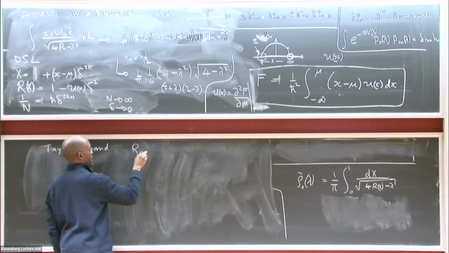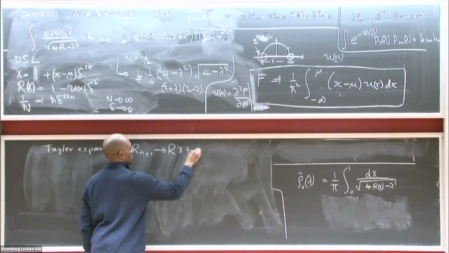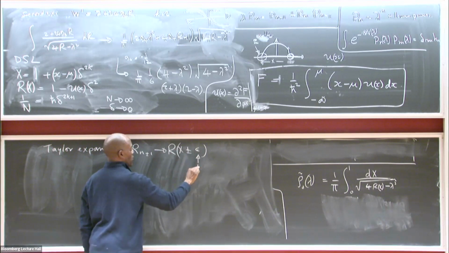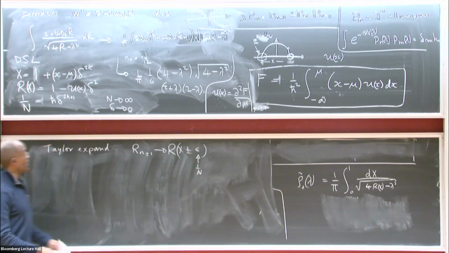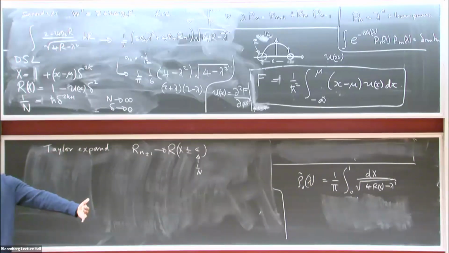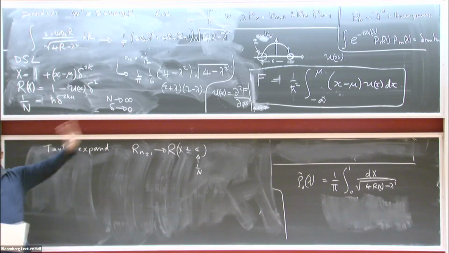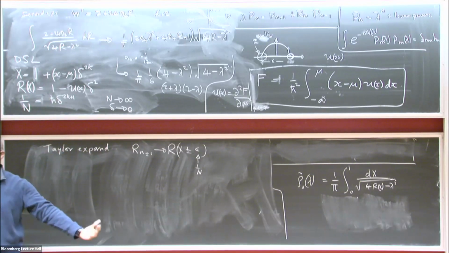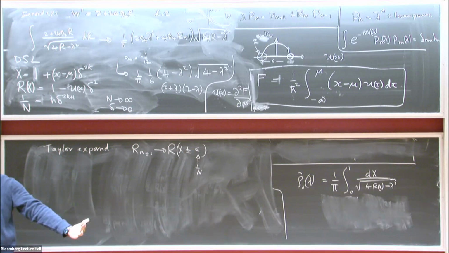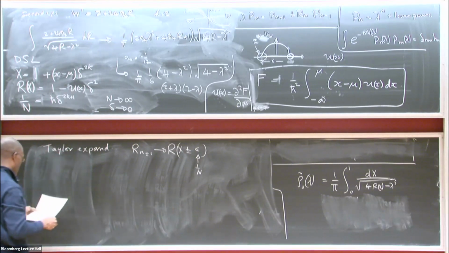Where I have R of n plus or minus 1, I have R of x plus or minus epsilon, where epsilon is 1 over n. Then Taylor expand, keep sufficiently high powers of epsilon, substitute, noise happens, and then send delta to 0 and see what survives, see if anything survives. And indeed, the scalings I gave you will give you some nice things.